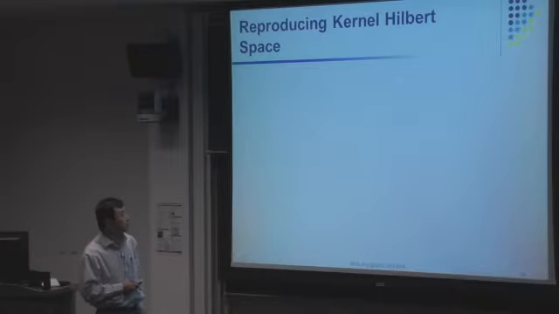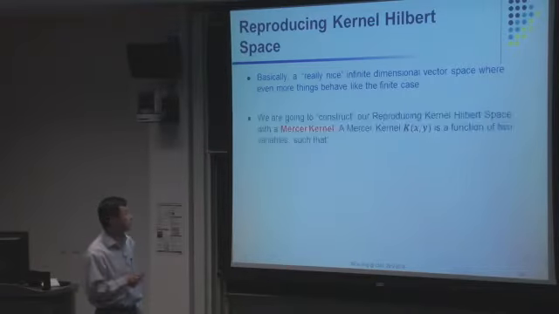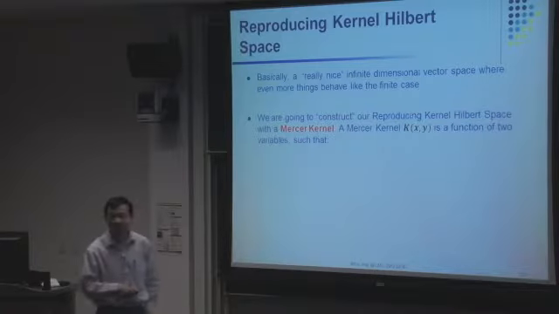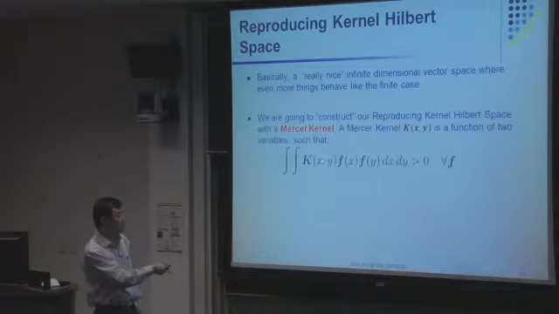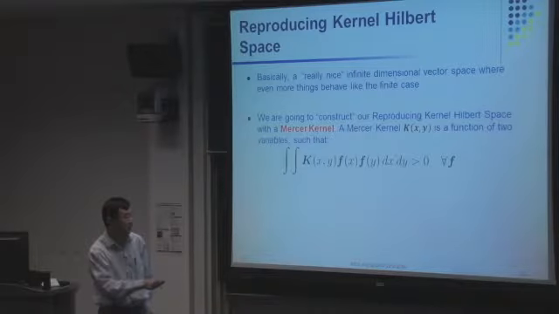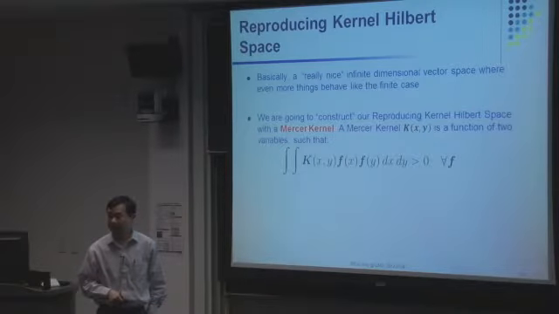And to understand that, we need one more concept, which is called the Mercer kernel. A Mercer kernel is a kernel function of two arguments, which has this nice symmetric property in the sense that if you do this operation, you get a nonnegative number all the time.